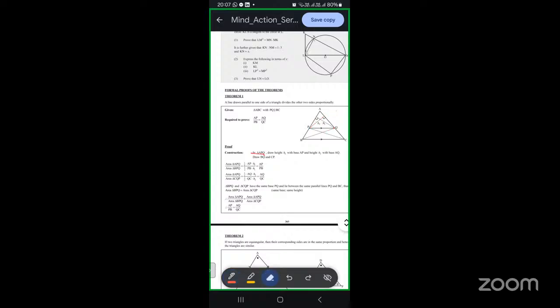What you need to be specific about is that if H1 is perpendicular to AP, you must indicate: draw H1 with a perpendicular base AP and H2 with a perpendicular base AQ. Then you continue with the construction in this other part: draw BQ and PC. Then you are done. That's a mark.